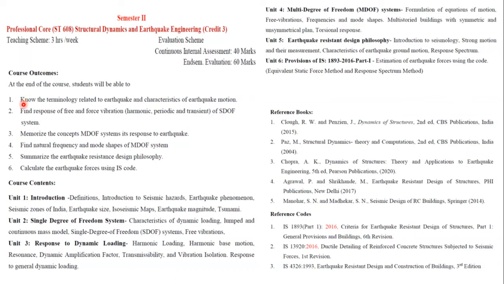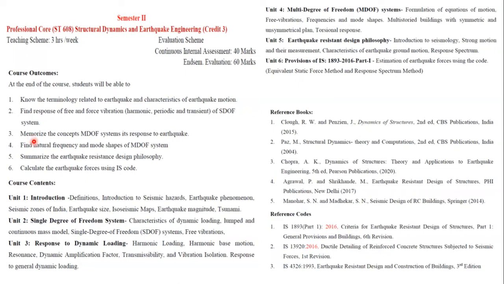Number one, students will be able to know the terminology related to earthquake and characteristics of earthquake motion. CO number 2 is to find the response of free and forced vibration, that is harmonic, periodic and transient, of a single degree of freedom system. SDOF means single degree of freedom system.